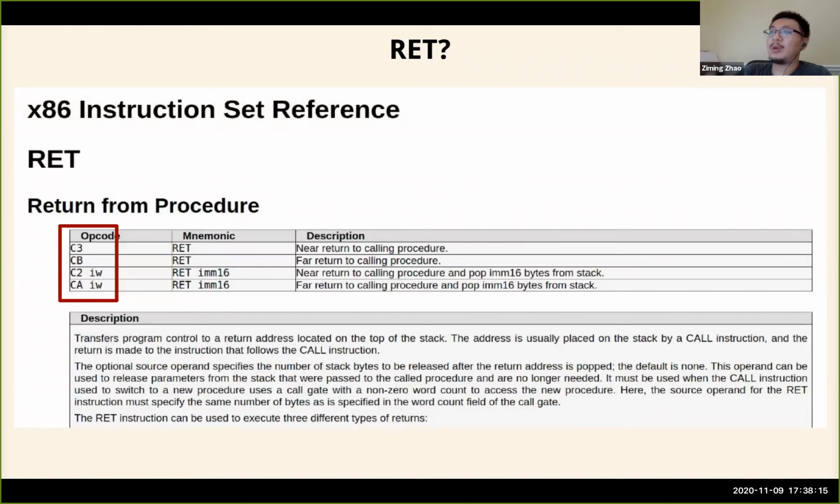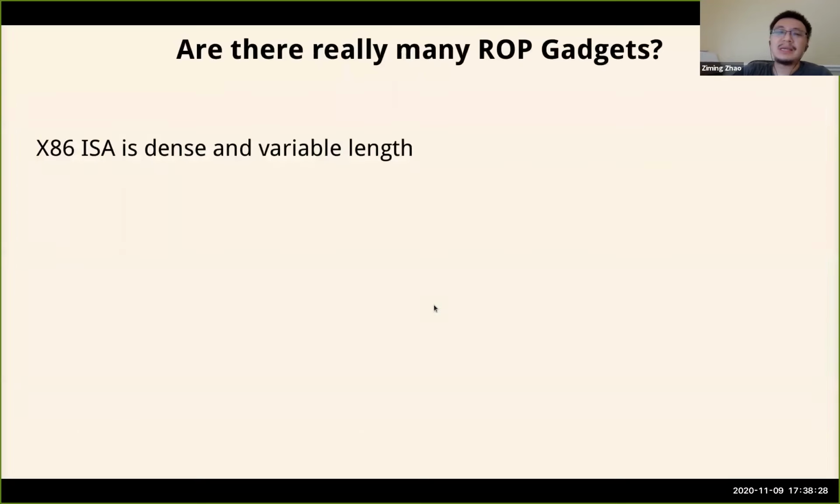But if we chain them together, it can do something quite complicated, for an arbitrary purpose. Another question you may have is, do we really have that many useful gadgets out there?